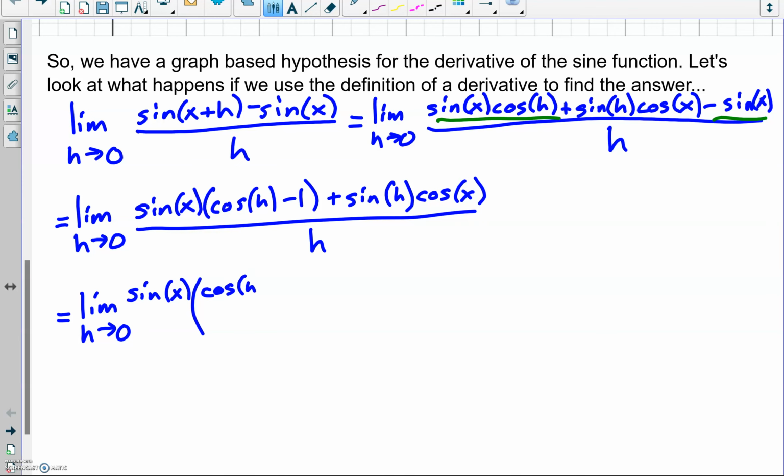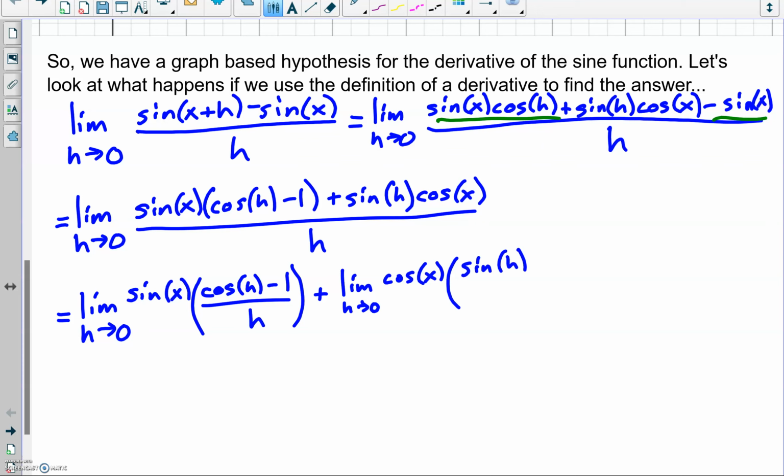So each fraction I'm going to create here is going to get that denominator of h. And then I'm going to add to that the limit now, and separating the limits here, as I said. And then I'm going to have the cosine of x. I'm going to switch the order on that second term. And then I'm going to put the sine of h over h.